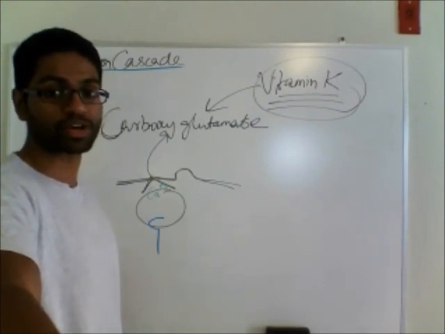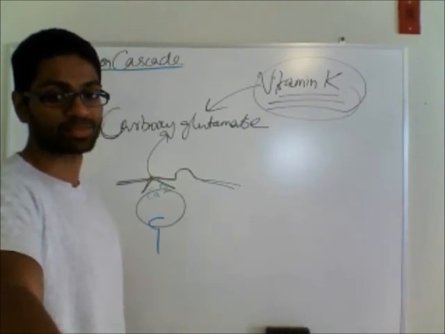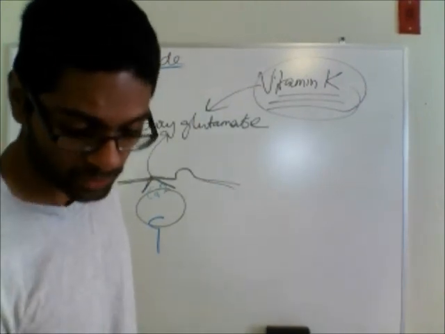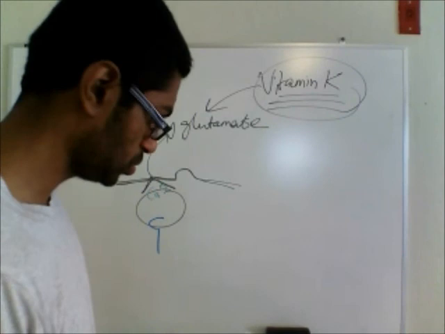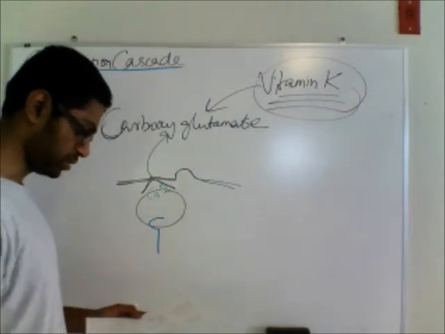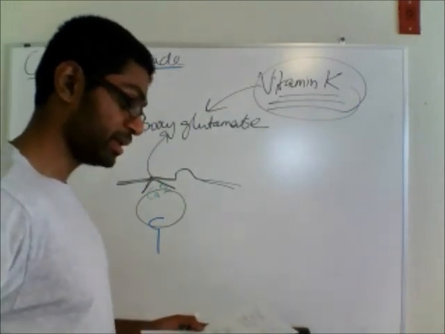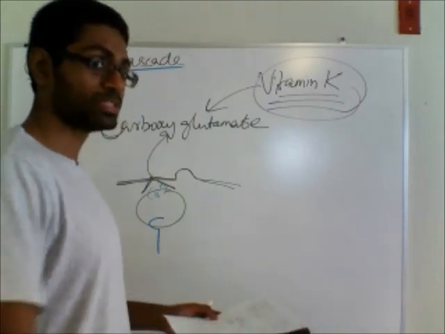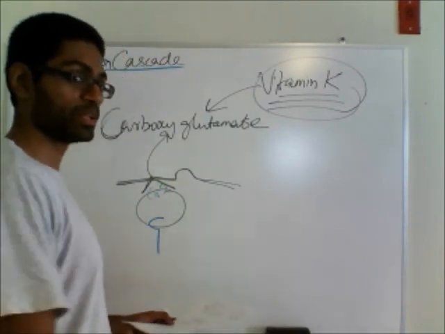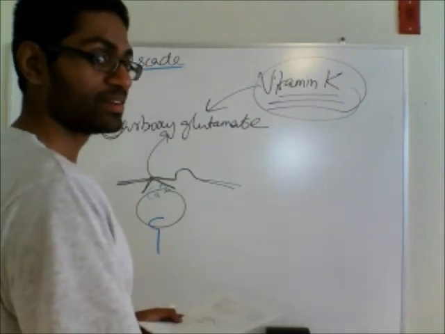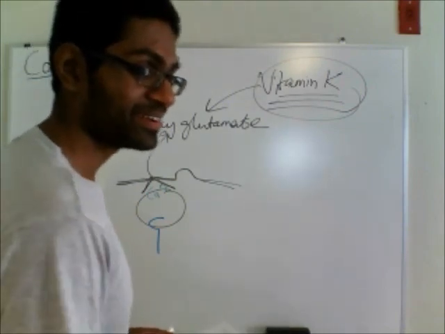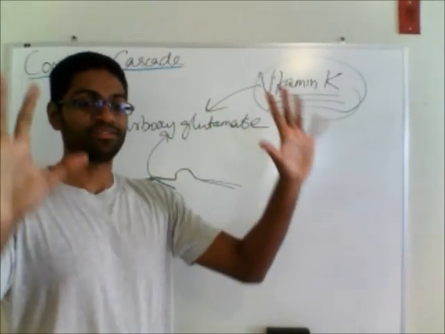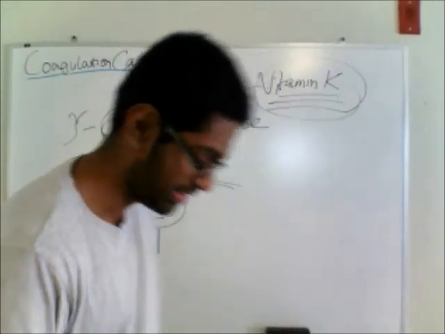It turns glutamate into carboxyglutamate, and the carboxyglutamate helps bind prothrombin to the platelet. Then you have the formation of thrombin by what factor? Factor 10, right? Just think of two high fives. 10 is very important.